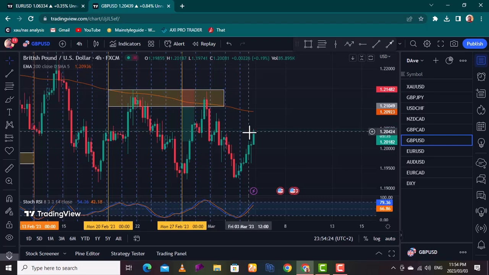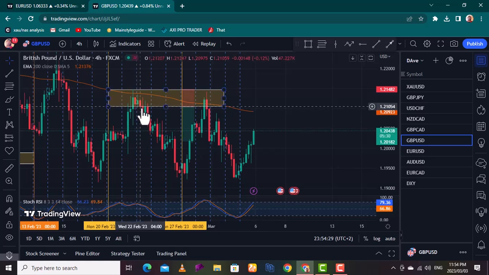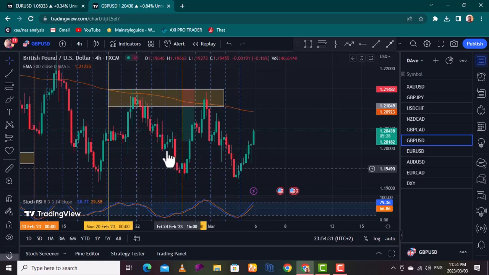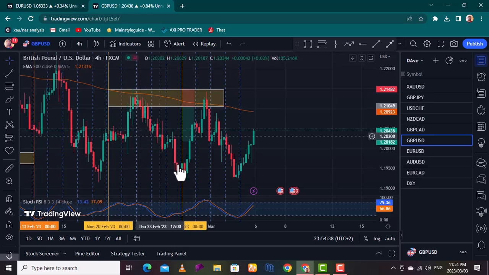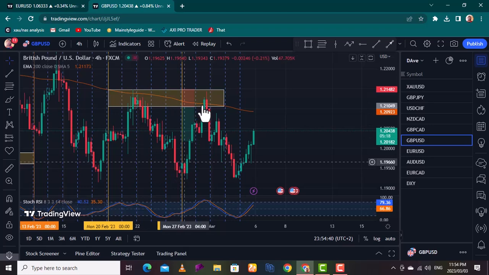But now I want you to see during week 9 the bearish move down from Tuesday. The momentum was corrective compared to the move back up. The move back up was more impulsive. So when price moves to your point of interest, you want it to move with corrective momentum.